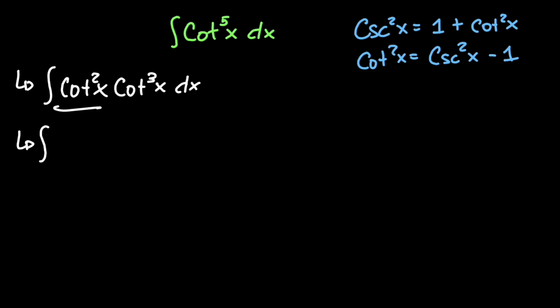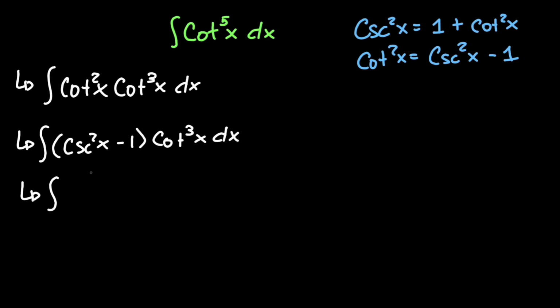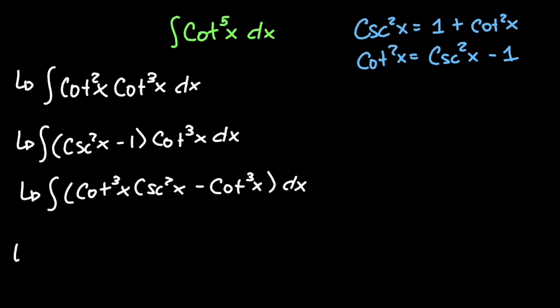So, put cotangent squared of x into its transformative identity, which is cosecant squared of x minus 1, multiplied by cotangent cube of x dx. So, distribute cotangent cube of x, and split the integral apart.